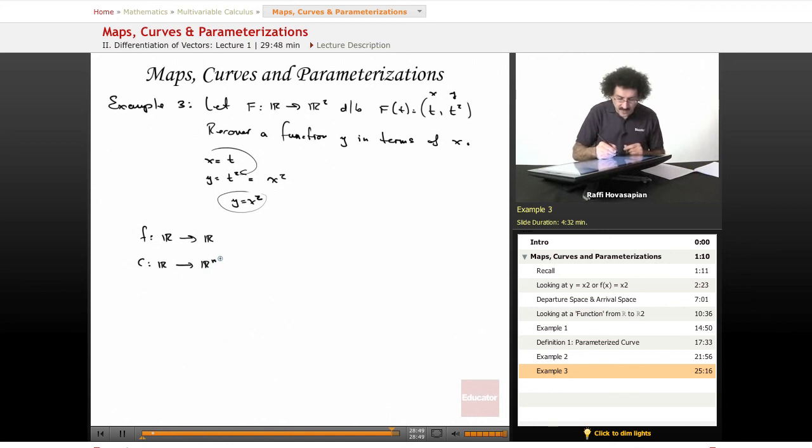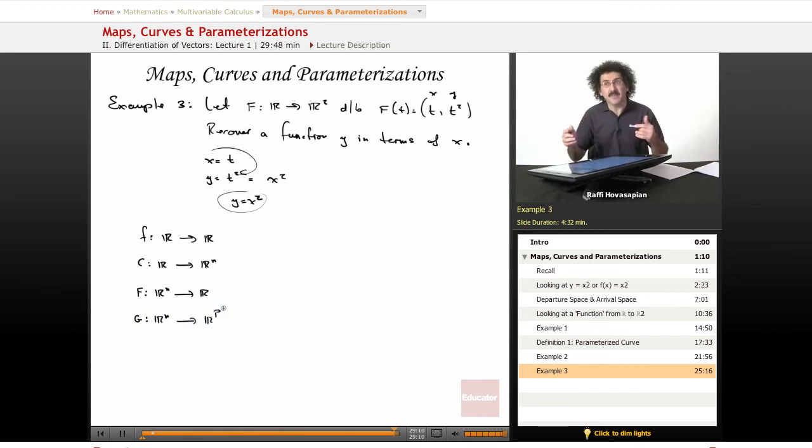Well, we're also going to be going the other direction. We're going to end up talking about functions where we take a vector, do something to that vector, and spit out a number. And to top it all off, the most general is Rn to Rp. We're going to take a vector in n space, do something to it, and end up spitting out a vector in p space.